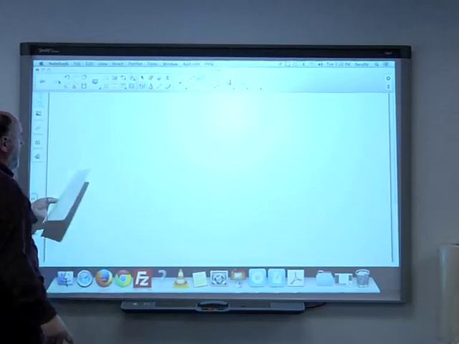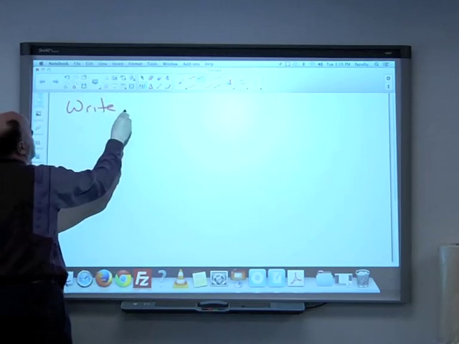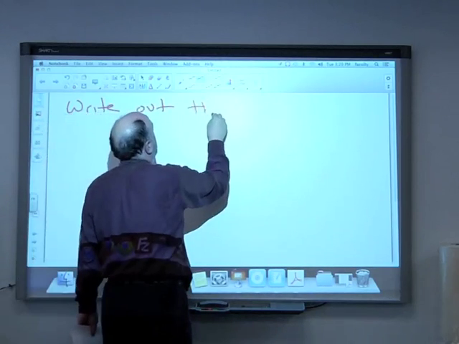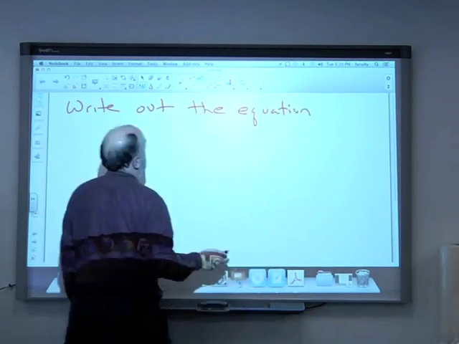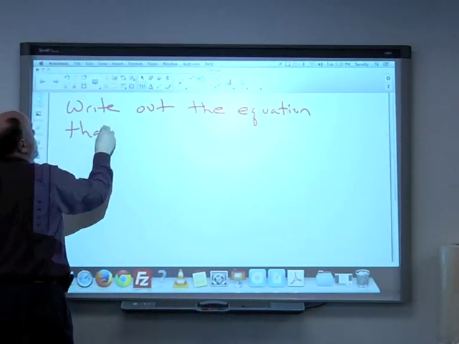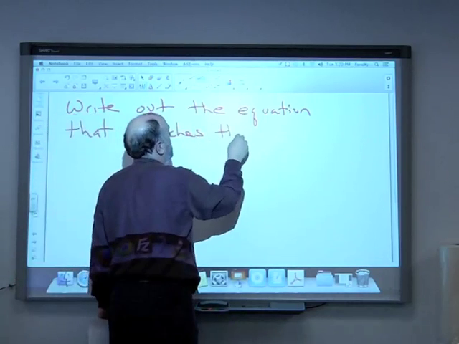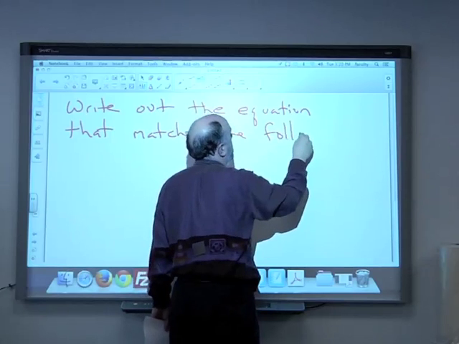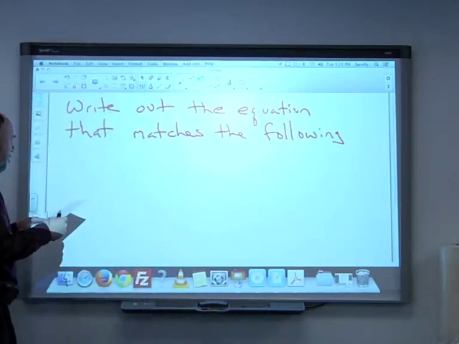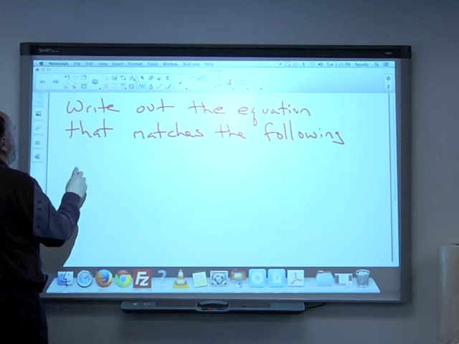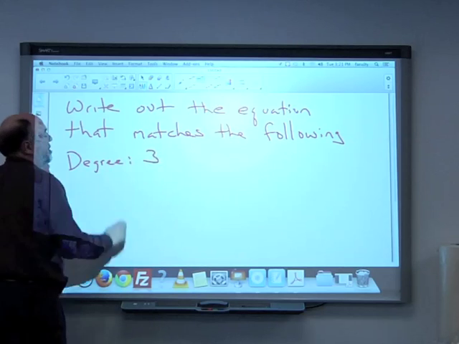Now, how about giving out something like this? I want to write out the equation that matches the following information. So, let's say the degree will be 3.